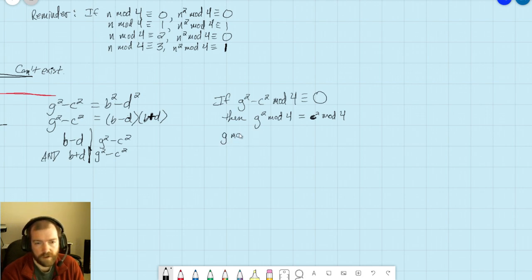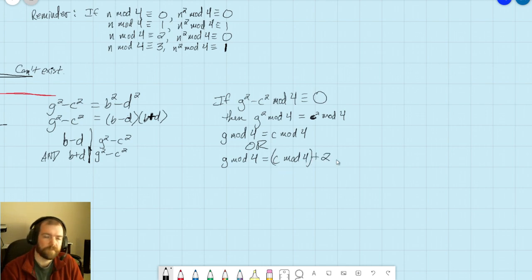So then, if that's true, then either g mod 4 is equal to c mod 4, or g mod 4 is equal to c mod 4 plus 2. And again, we could cycle that around and make it minus 2 as well.